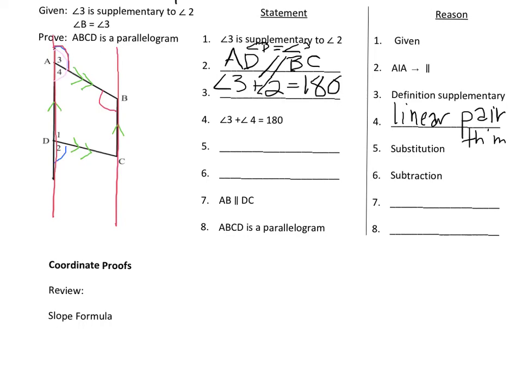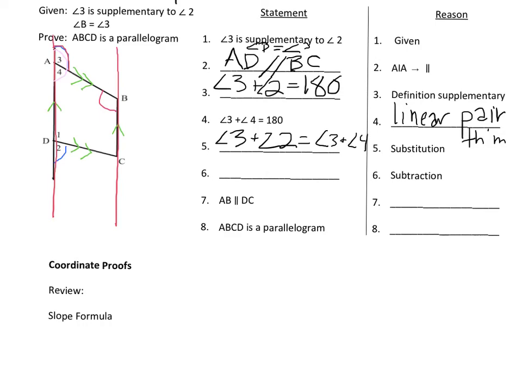And so I see in the previous two steps, we have angle 3 and angle 2 equal 180, and angle 3 and angle 4 equal 180. So using substitution, since they're both equal to 180, we can set them equal to each other to say that angle 3 plus angle 2 equals angle 3 plus angle 4.